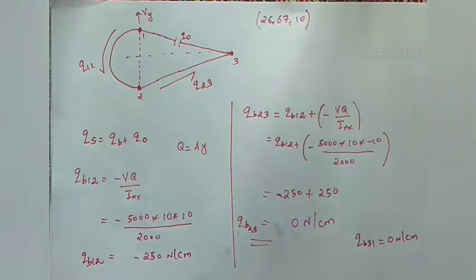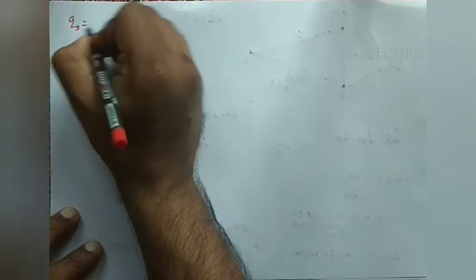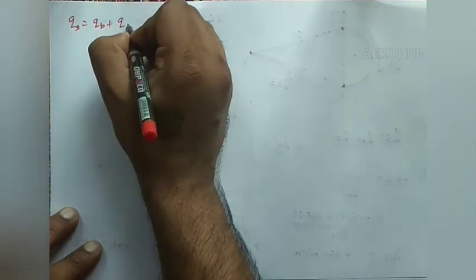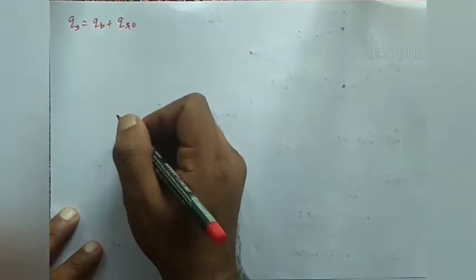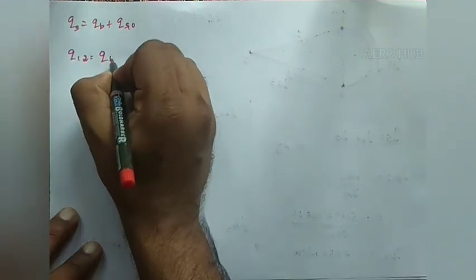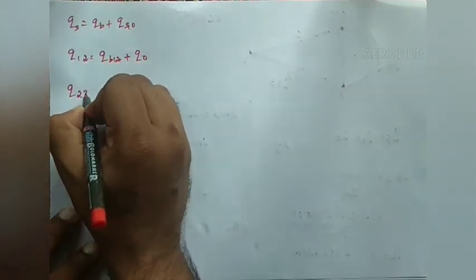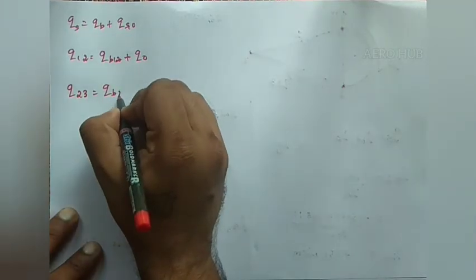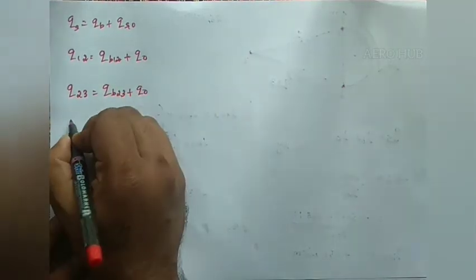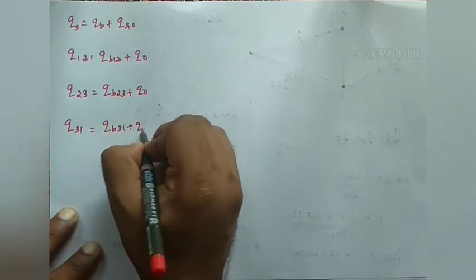Now to find the actual shear flow, we know that q, or qs, is equal to qb plus q0, or qs0, whatever we can call it. So q12 will be equal to qb12 plus q0, q23 will be equal to qb23 plus q0, and q31 is equal to qb31 plus q0.